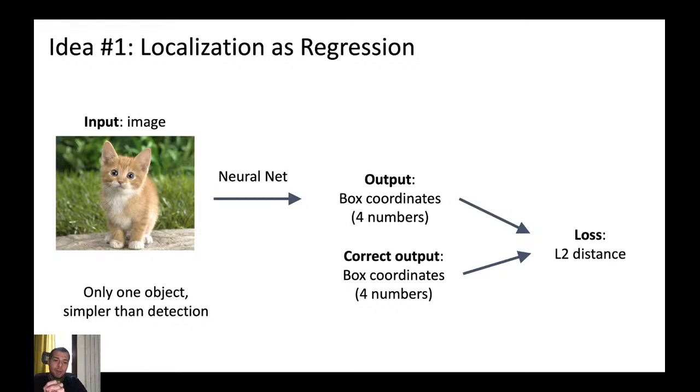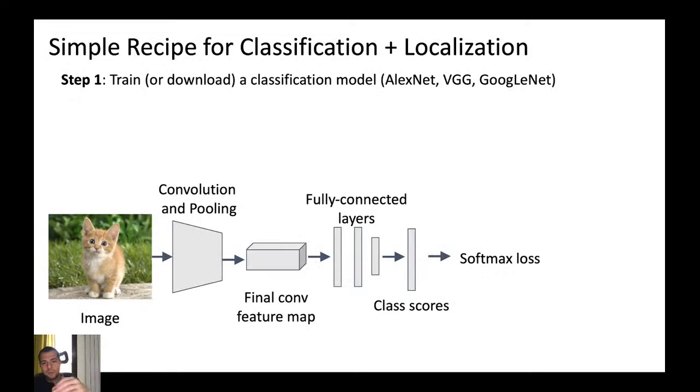We also have the correct output, which is the ground truth bounding box, and we can minimize this using, let's say, an L1 or L2 distance loss. This can be approached as a regression task since we have only one object, so there is only one bounding box to predict for each image. Okay, so this is what we do for the localization.